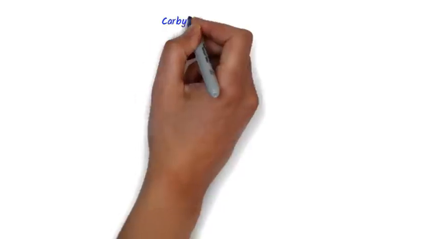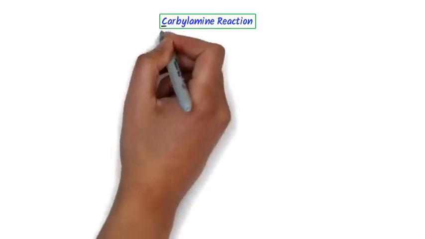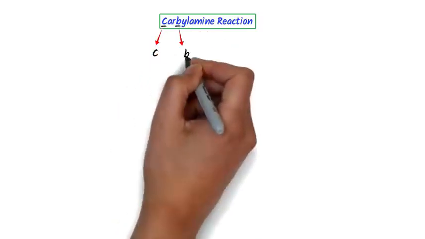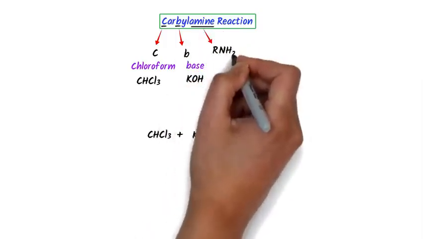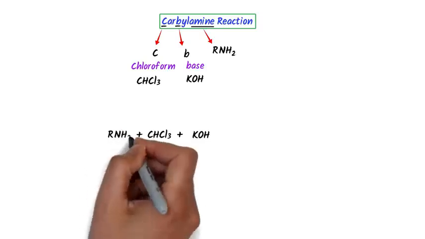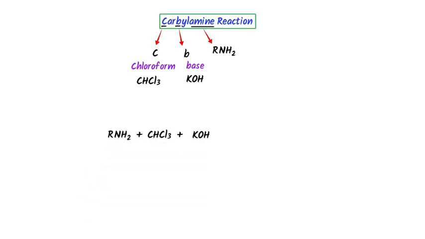Now let me teach you the carbylamine reaction. Well, in carbylamine, I select C and B. This C stands for chloroform. Its formula is CHCl3. This B stands for base like sodium hydroxide. Secondly, I select amine. The formula of amine is RNH2. So these are the reactants of this reaction. Now this will displace these H2.